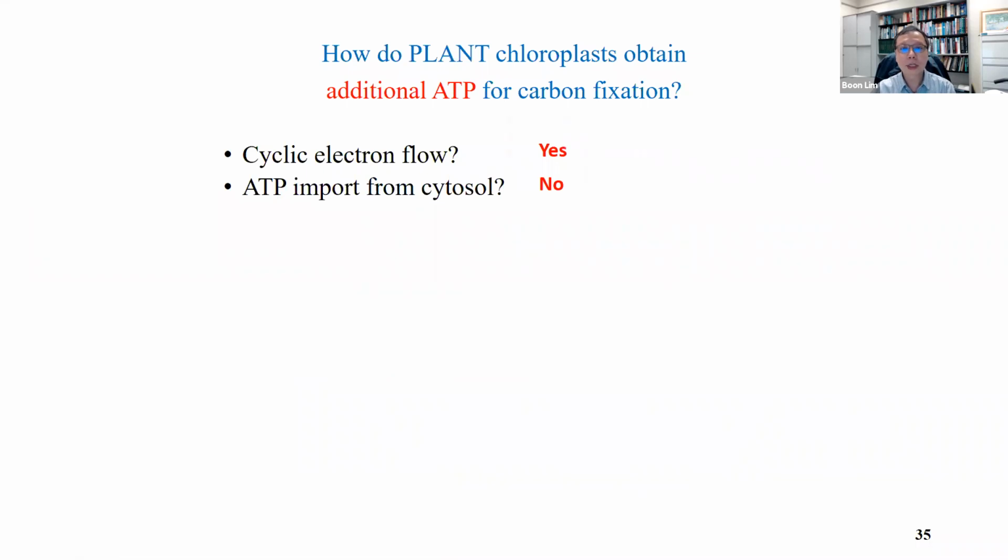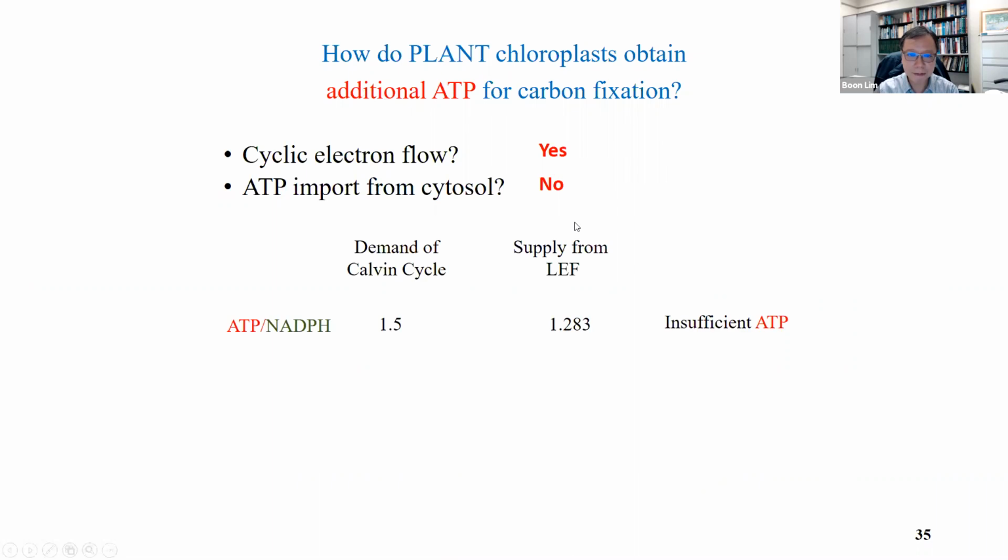So come back to this question. How do plant chloroplasts obtain additional ATP for carbon fixation? Cyclic electron flow, yes. ATP import from the cytosol, no. And then if we look at this ratio again, it seems that there is insufficient ATP.